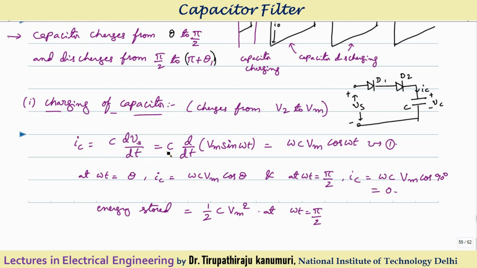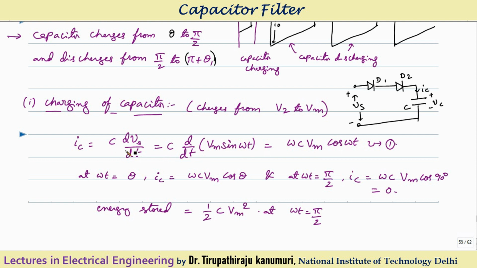This will be equal to C into d by dt of V maximum sin omega t. If you do the differentiation, this becomes C into V maximum into d by dt of sin omega t, which is cos omega t multiplied by omega, that omega I have taken here.